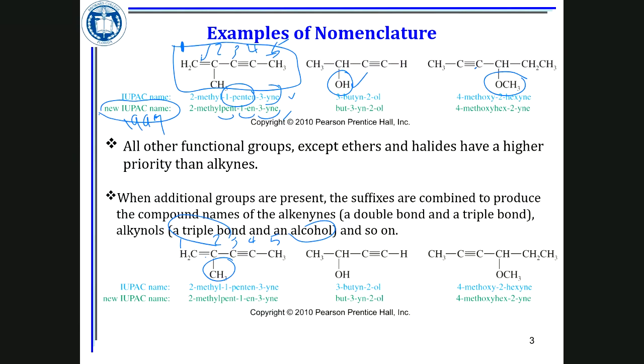You just say 1-pentene and then 3-yne. 1-pentene, 3-yne. So you have 3-butene, 2-ol. But OH takes the priority. That's why you number from the left side. If you want to name this as alkyne, you would say 3-butene, 2-ol.